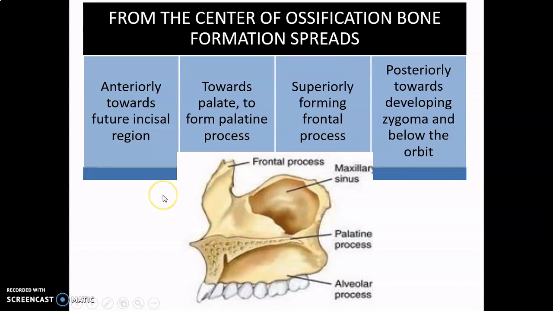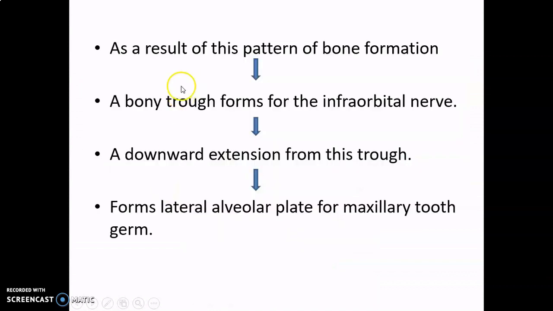As the bone formation spreads from the center of ossification, a bony trough forms for the infraorbital nerve. This bony trough will have a downward extension which forms the lateral alveolar plate for the maxillary tooth. So this is all about the development of maxilla.